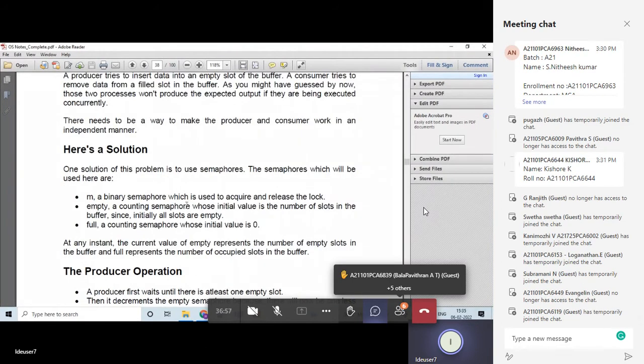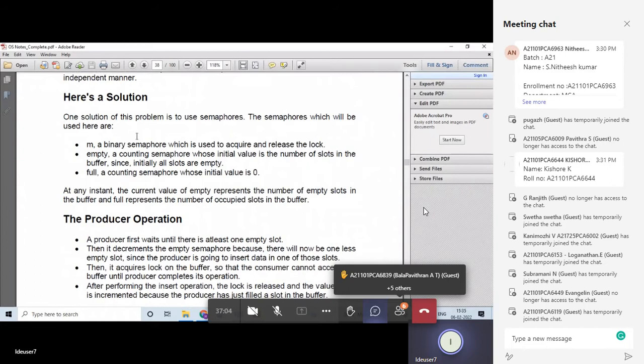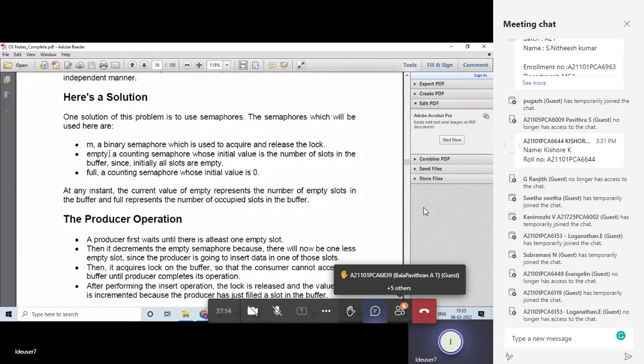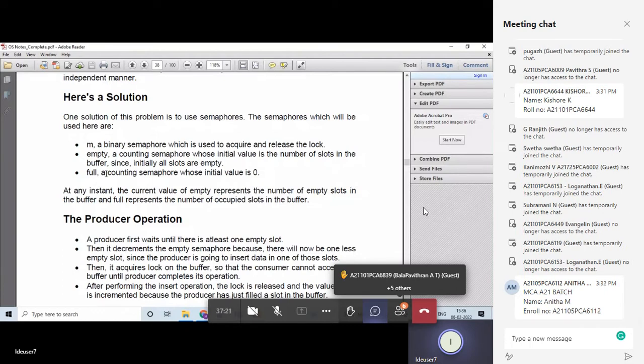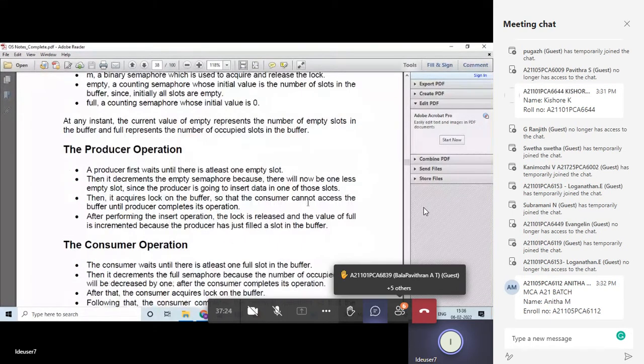In order to find a solution, first we declare a binary Semaphore variable to acquire and release the lock, an empty variable to indicate the total number of empty slots in the buffer, and also a full variable to indicate the number of full slots in the buffer.